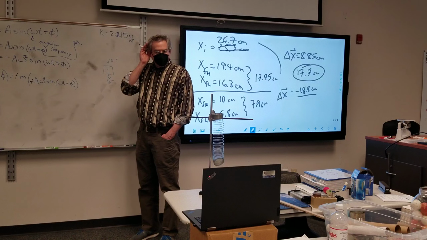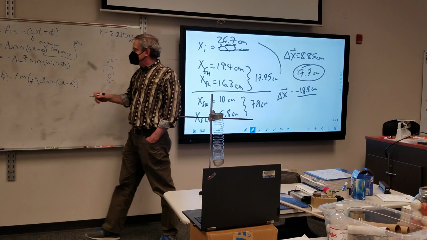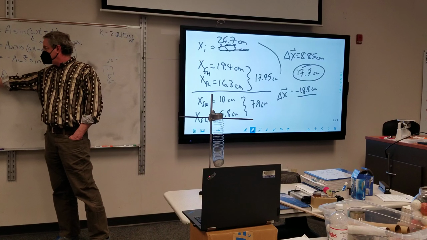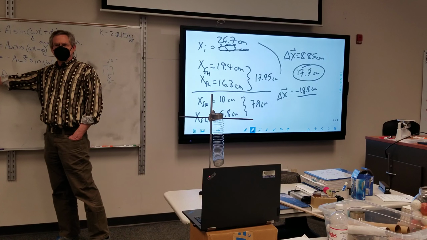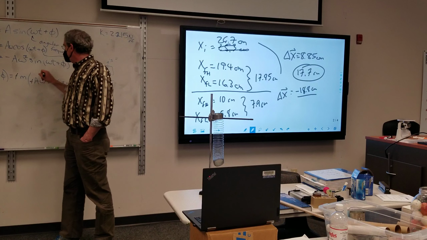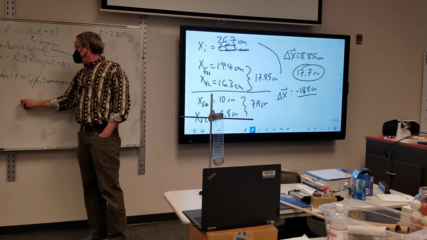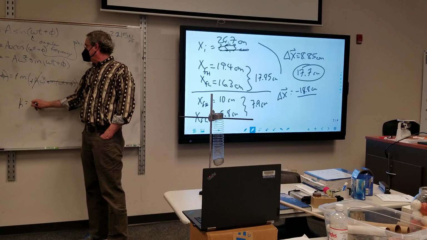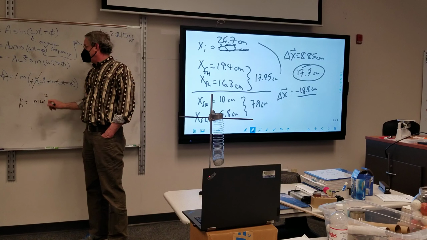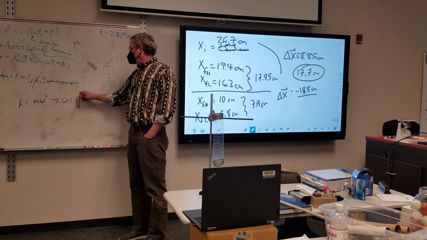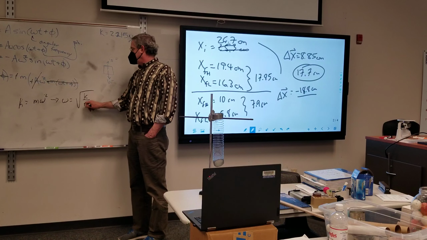We can get rid of the sine, and we can get rid of A as well. All right, so A can go, the sine can go, and what I'm left with is k. My spring constant is equal to mass times omega squared, or omega is the square root of k over m.